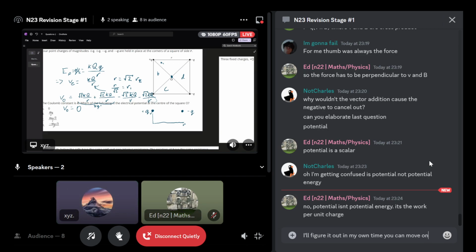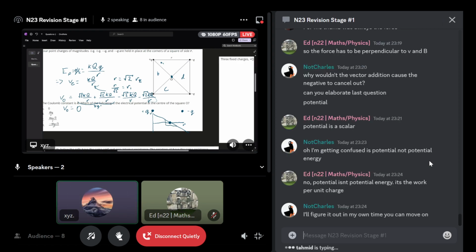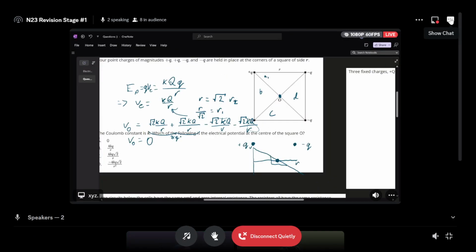Our potential will be zero in the middle, but it still will have a gradient, so there still is a force.